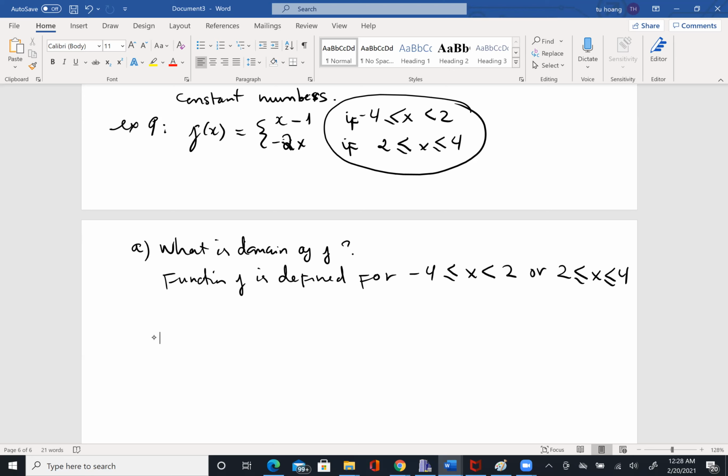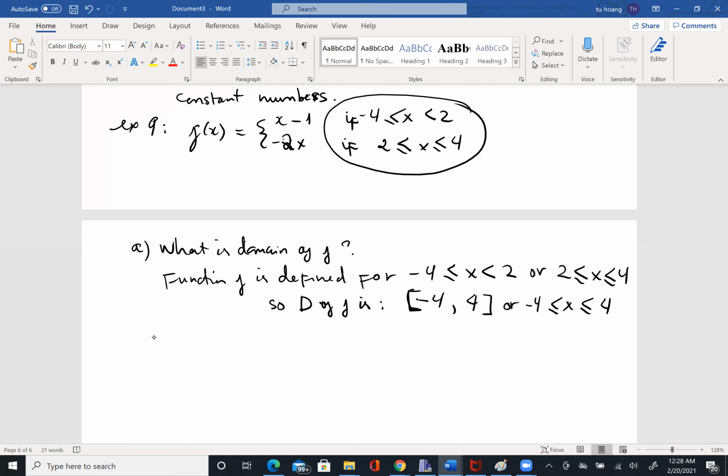So the domain of f, if you combine these, is the interval from negative 4 to 4. Or if you write it in inequality notation, x is greater than or equal to negative 4 and less than or equal to 4.